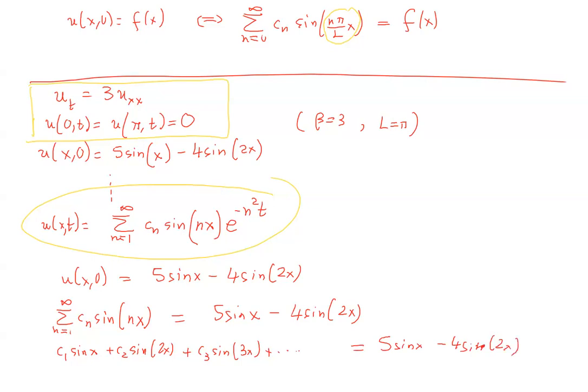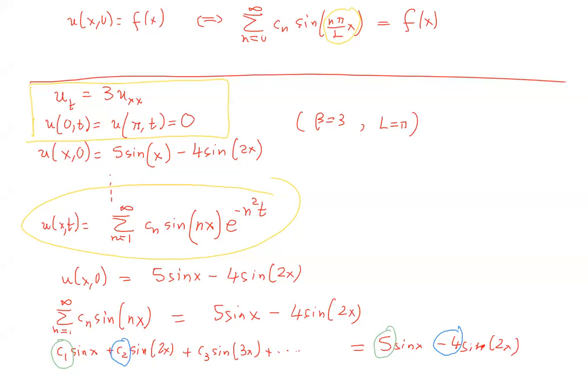Okay. So this tells you that this C1 has to be 5, right? Because they're both sitting in front of sine x. The philosophy that we're using here is that when you have two series of sines, for them to be equal, the coefficients have to be the same. And C2 has to be exactly -4. And everything else should be 0.